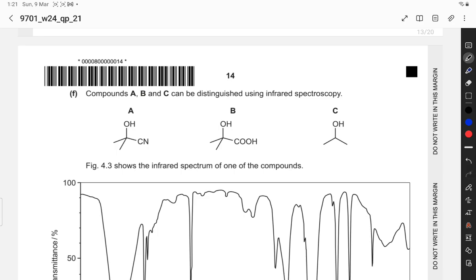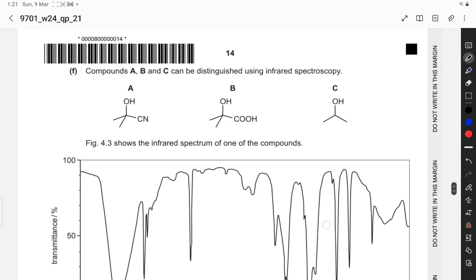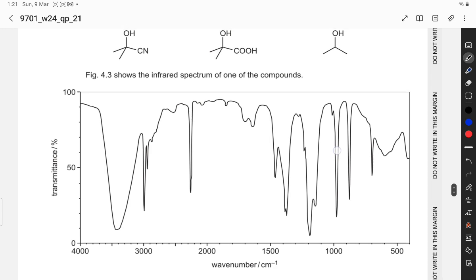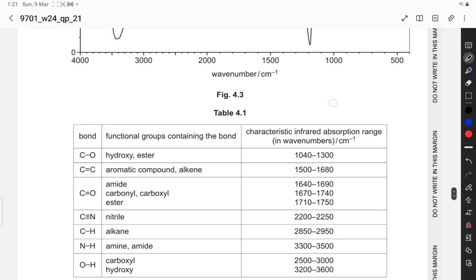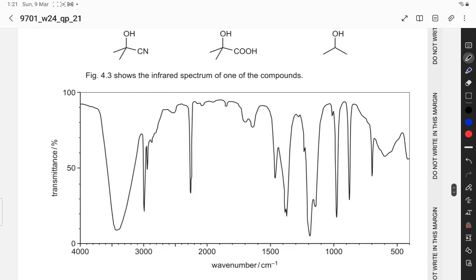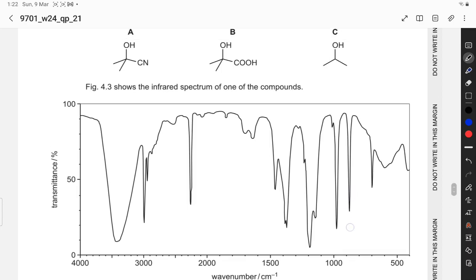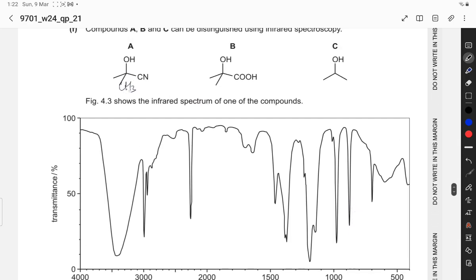Compounds A, B, and C can be distinguished using infrared spectrometry. The figure shows the infrared spectrum of one of the compounds. Compound A. So this is CH3.